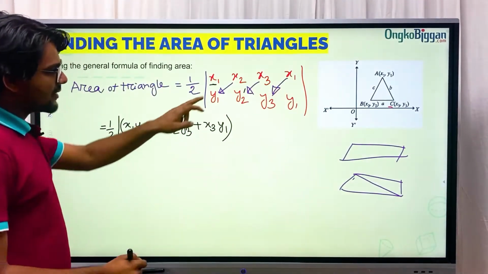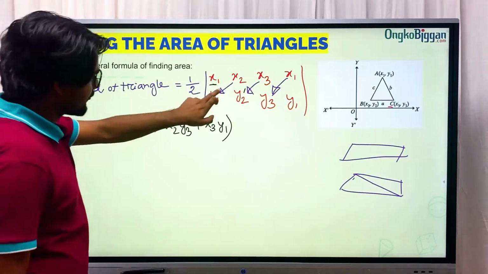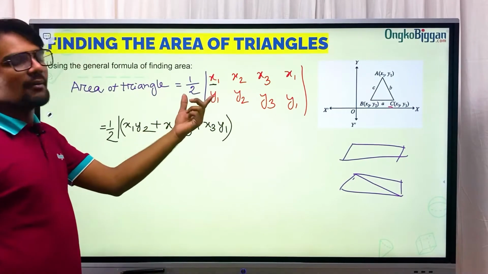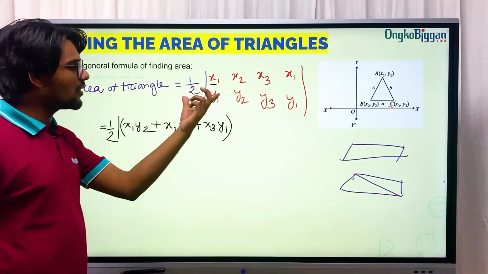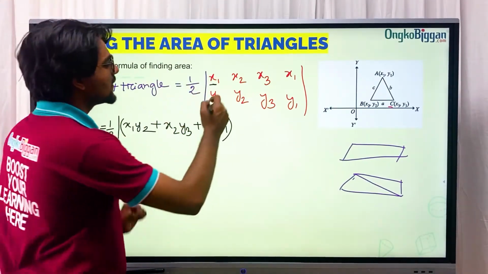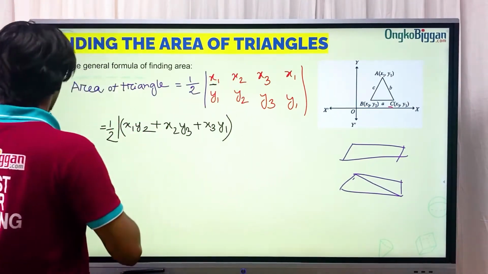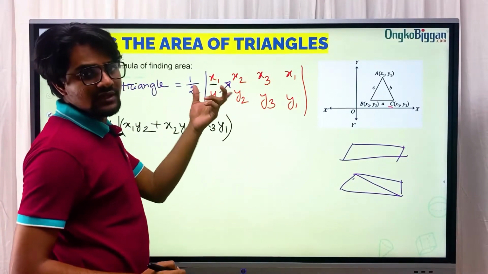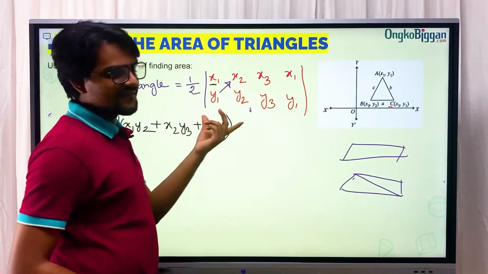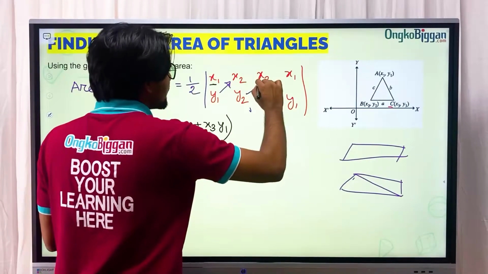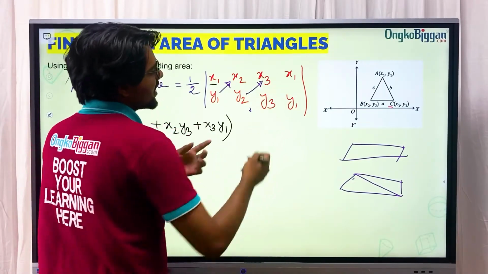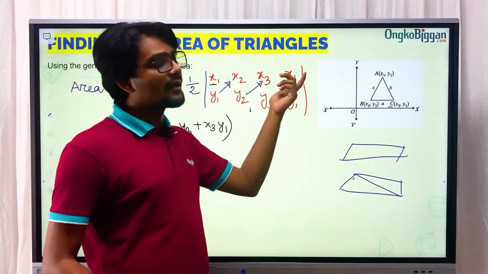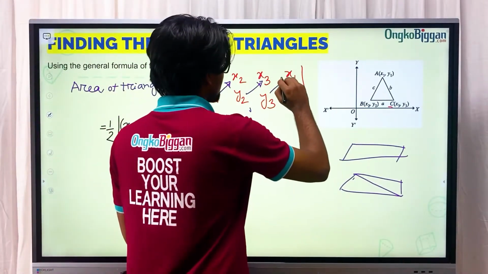Or you can also write it this way: you multiply the y coordinate of the first vertex with the x coordinate of the second vertex, the y coordinate of the second vertex with the x coordinate of the third vertex. Similarly, you multiply the y coordinate of the third vertex with the x coordinate of the first vertex.